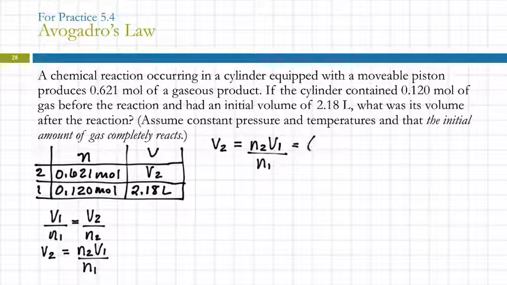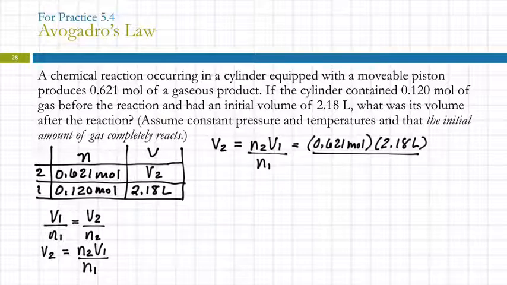So N2 is 0.621 moles and volume 1 is 2.18 liters. And I'm dividing by N1, 0.120 moles. This table really helps because it labels everything. And so when we go to fill these in, we know which number to pull.